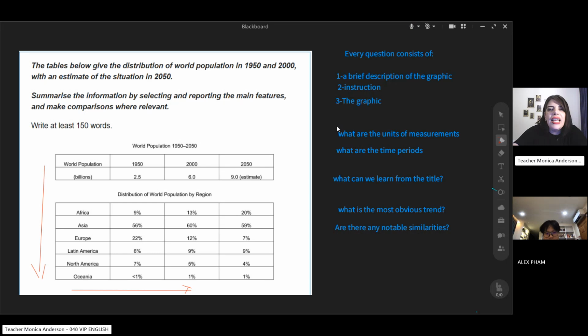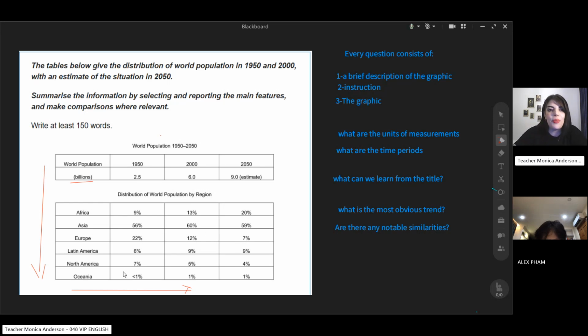Well, in the first table, tell me, Alex, what are the units of measurements? Units, of course, and the second one? Percentage. Of course, perfect. Here we need to focus on the general trend: the most notable changes in data between 1950 and 2050.